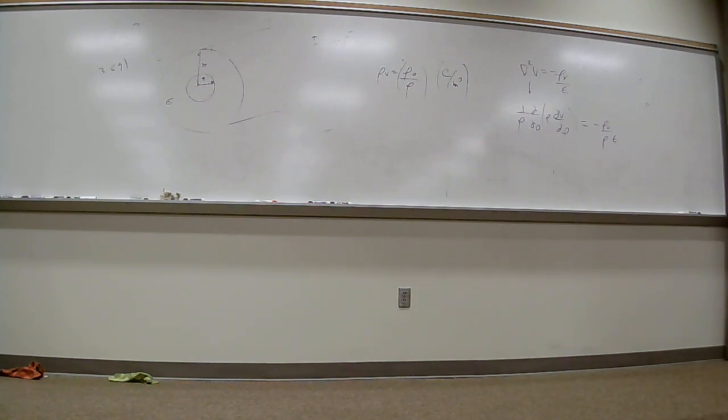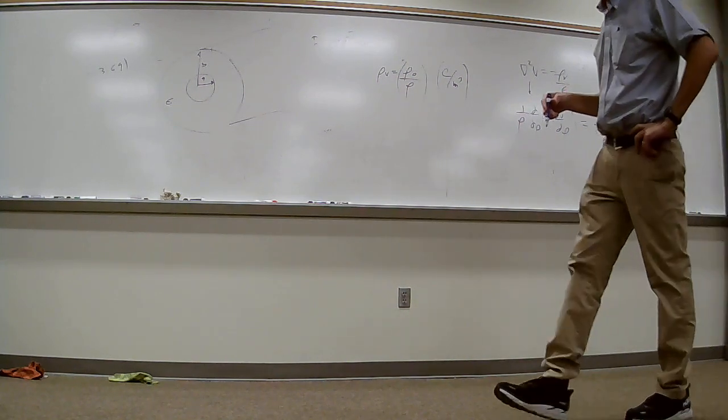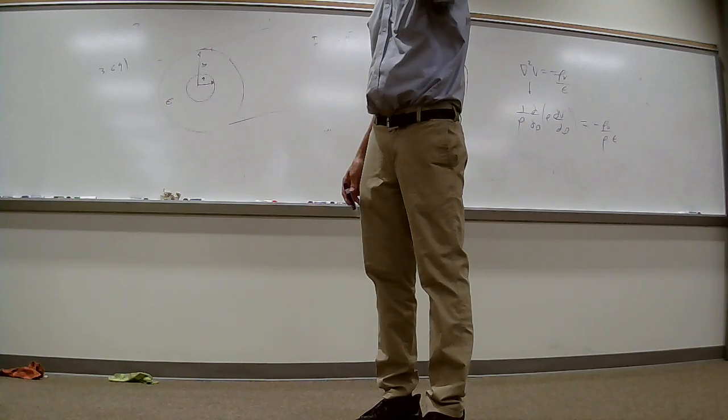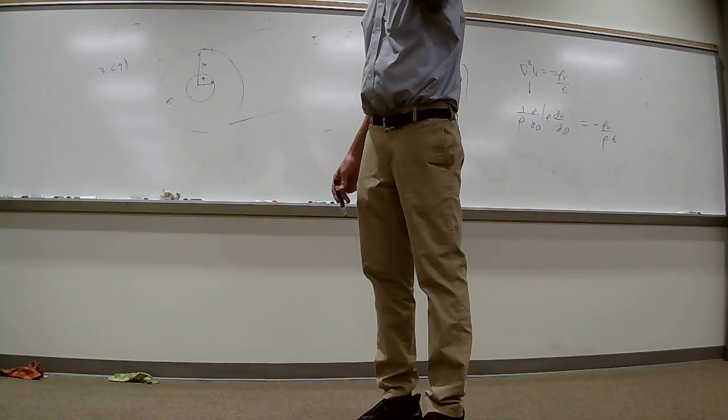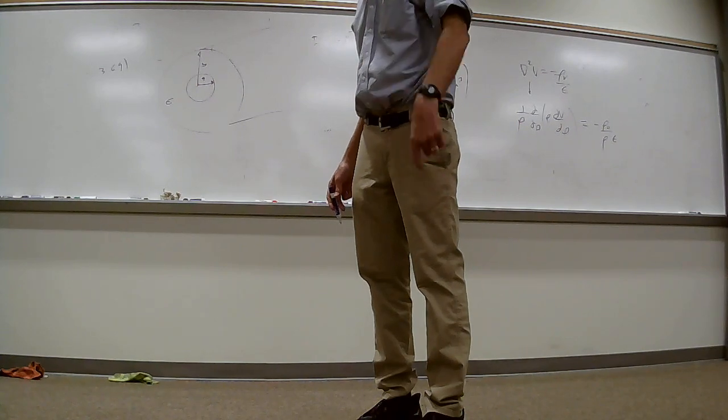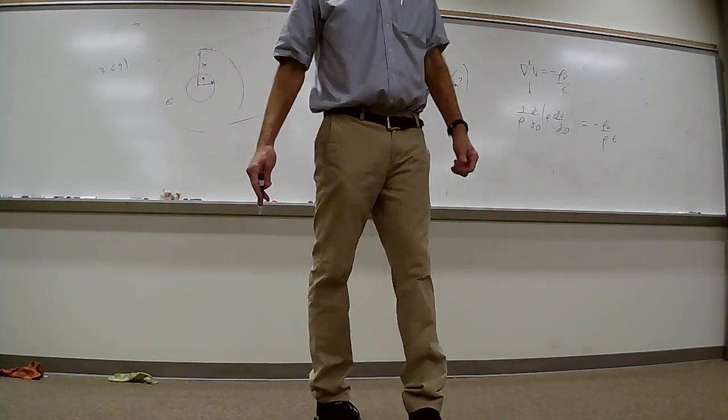You see Laplacian. Now look at the cylindrical form. See, it's 1 over rho, d/d rho of rho times dV/d rho. Everybody follow me on that?